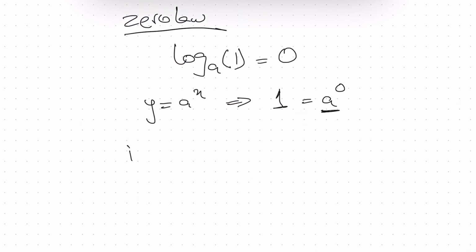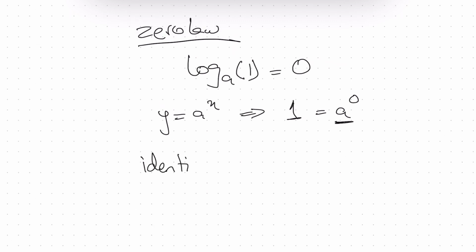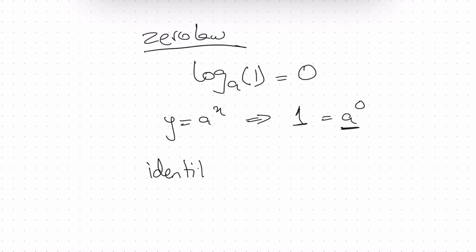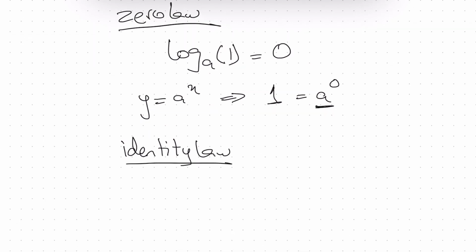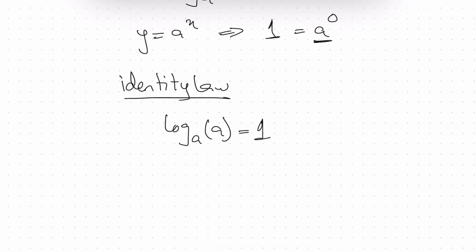Now we have identity law. What is identity law? That log a of a is equal to 1. Okay, let's also try to write this in index form.